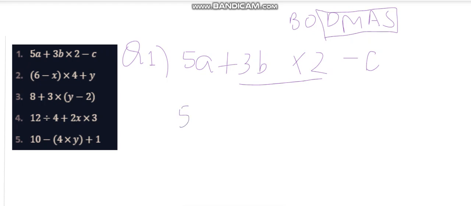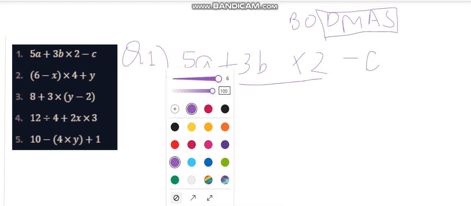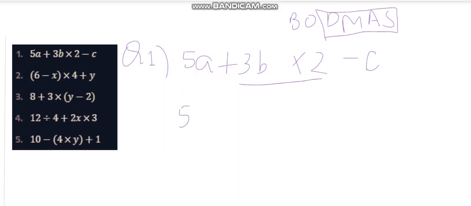So we've got multiplication here. 5a plus 3 times 2 is 6b, 6b minus c.